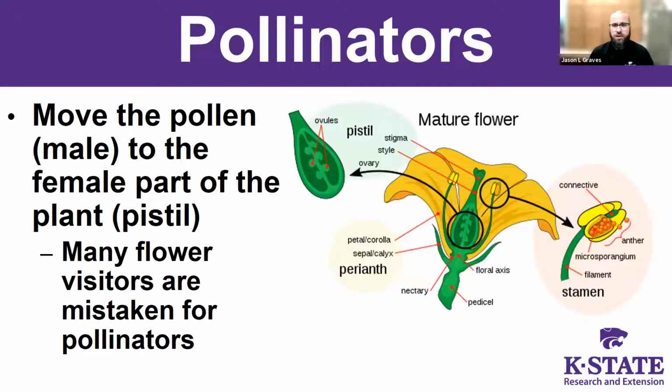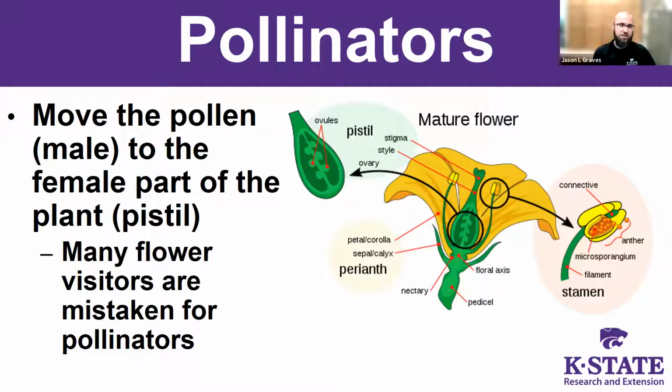So let's jump in a little more specifically to some of the pollinator topics we want to hit today. I just want to review pollination really quick, which is simply the movement of the pollen, the male gametes in the plant, to the female part of the plant, the pistil. We have a lot of insects that are visiting flowers.